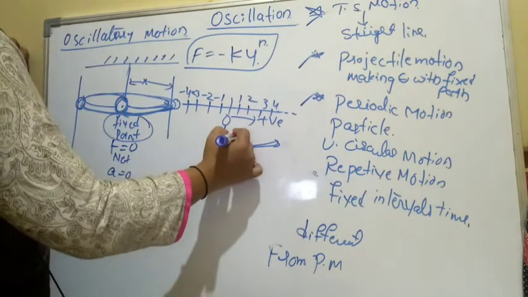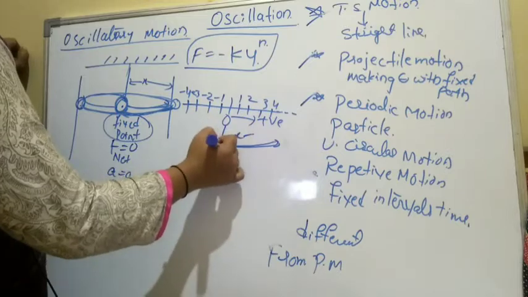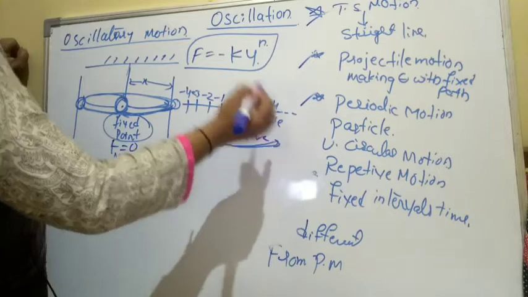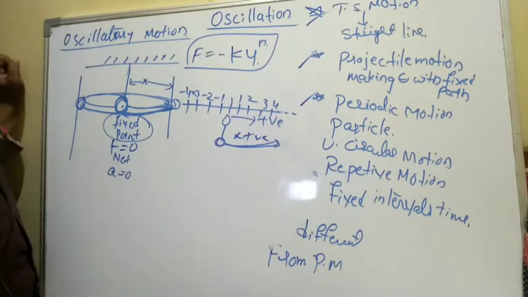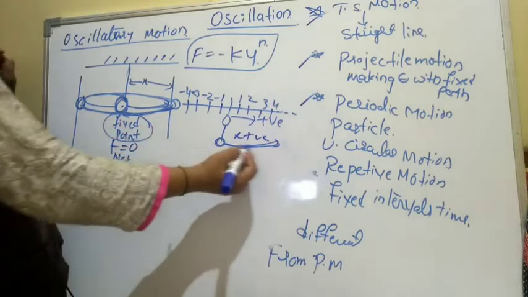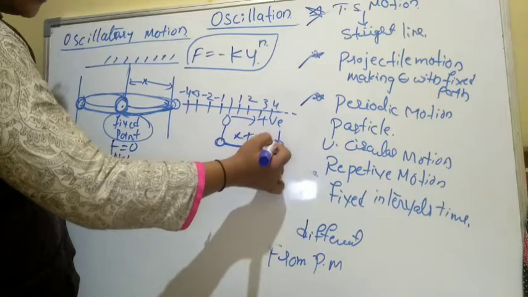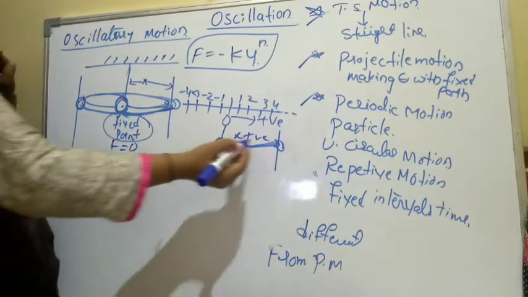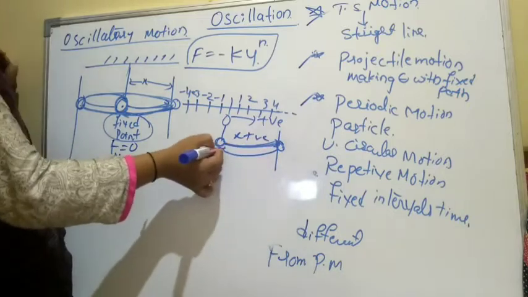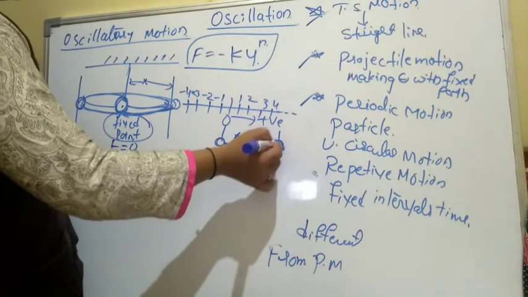That means the displacement taken place by the body or particle from the mean position to the one extreme position is positive, right? Once the displacement is positive, the body is moving and it is not standing there only. There is a force acting on the particle. It tries to move towards the mean position. It is not fixing there only.